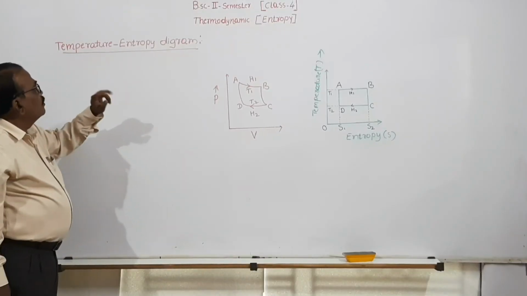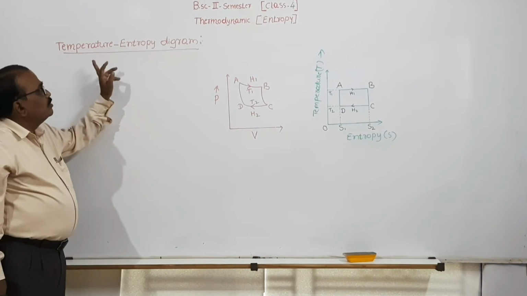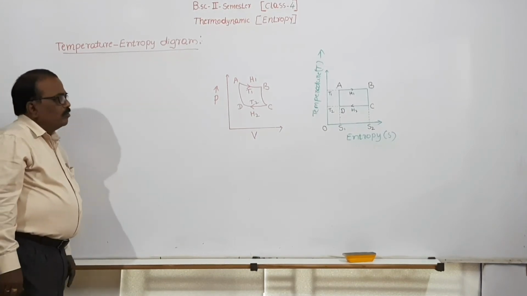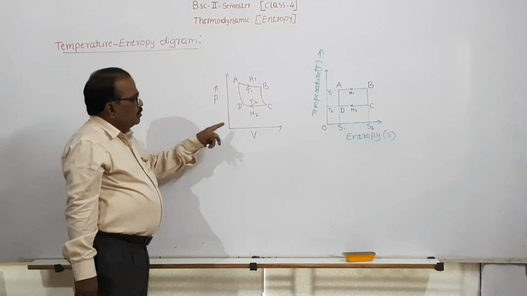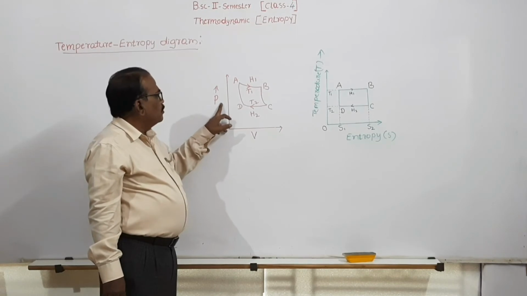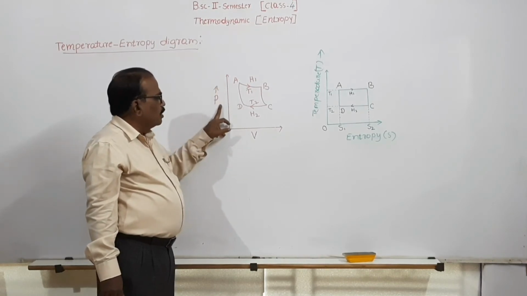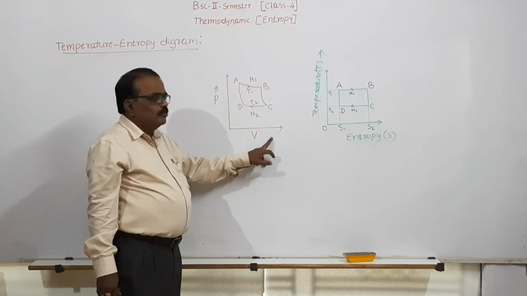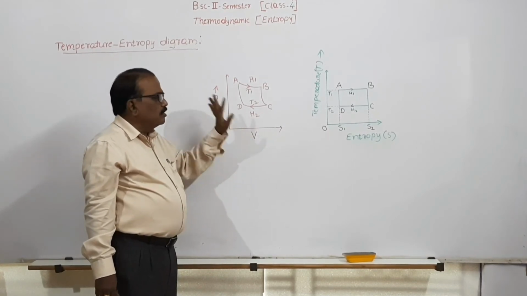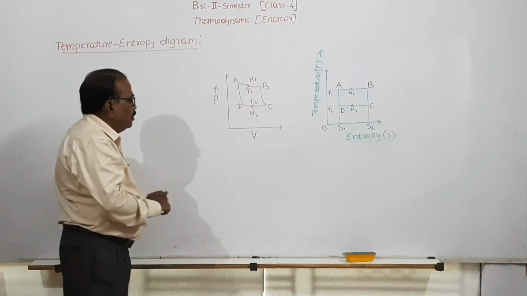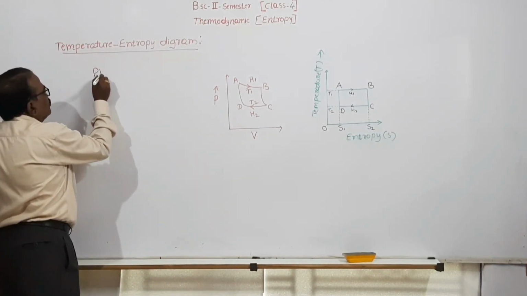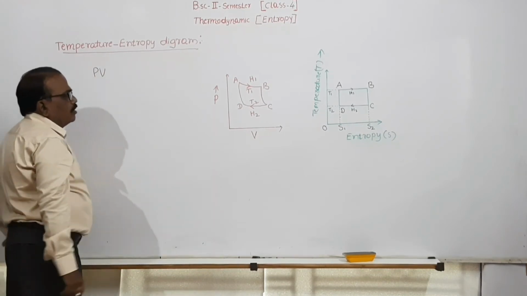Now let us study what is temperature entropy diagram. Before that, the variables are plotted by taking pressure along the y-axis and corresponding volume along the x-axis. This diagram is known as PV diagram or indicator diagram.